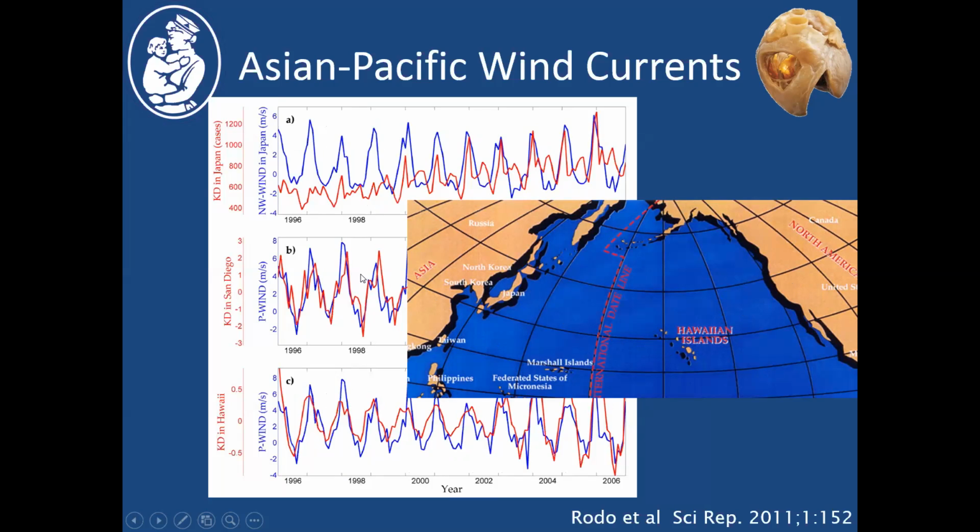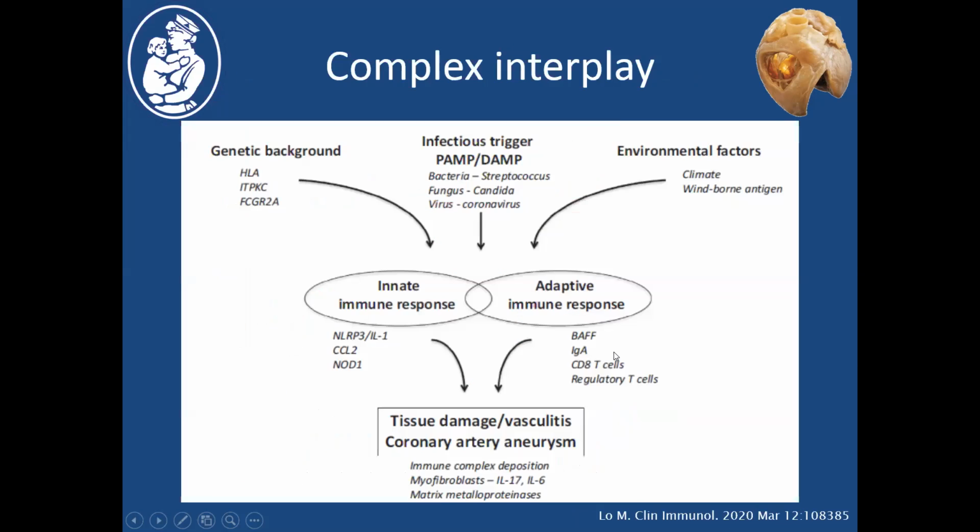It's thought that perhaps the wind currents are carrying some antigen that may be important for initiating the Kawasaki syndrome. So there seems to be some kind of complex interplay here that we really don't understand yet, just beginning to get handles on some of the parts. Of a genetic background, we know that there are a number of genes, as we said, that predispose to development of Kawasaki disease and coronary aneurysms.